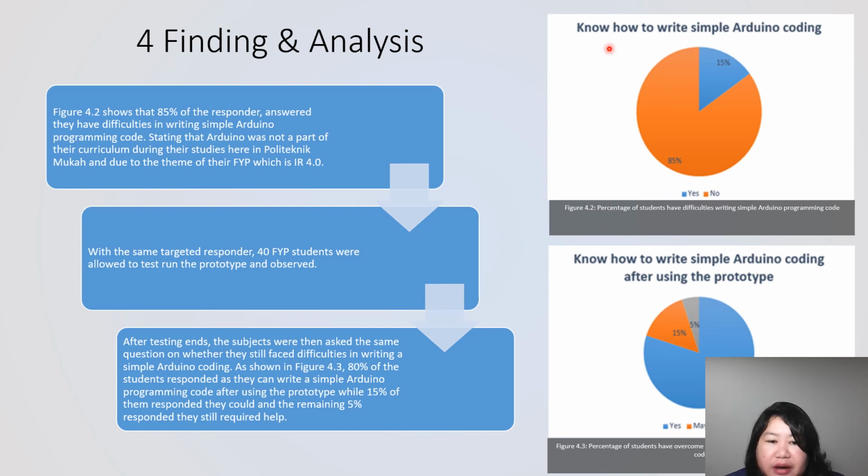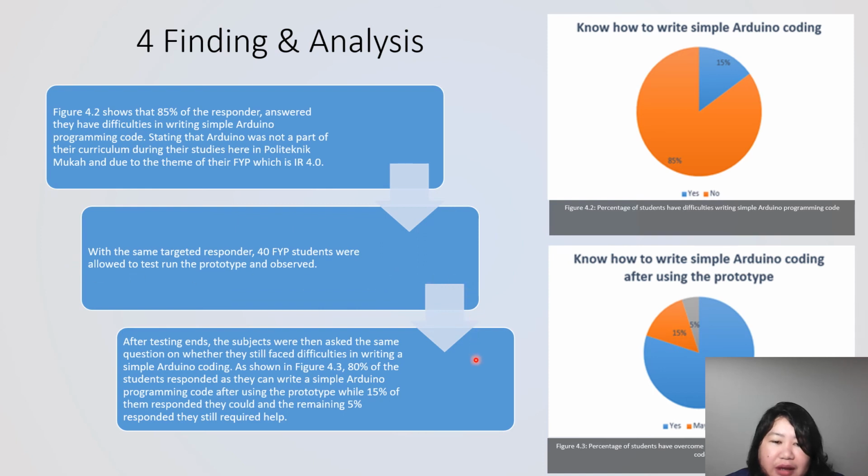So with the targeted respondents, 40 students were then allowed to test run and observe the prototype. They went through the lab sheet, set up the prototype, and then test ran and observed the prototype that was used.